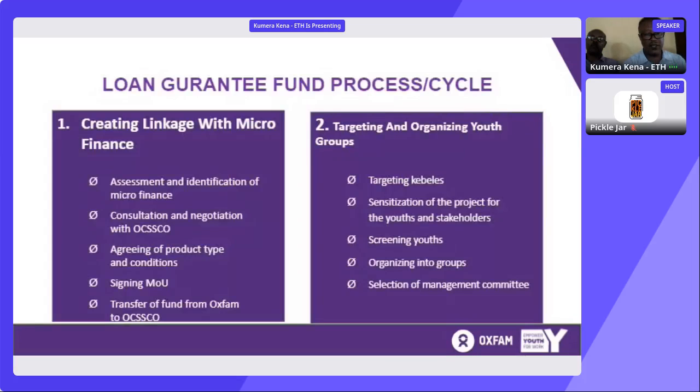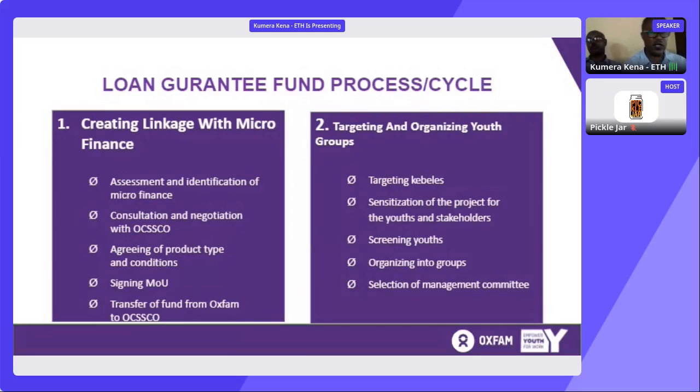The first one is creating linkage with microfinance institutions. This component has around 4 or 5 major activities to be done during the implementation of the project. The first one is assessment and identification of the microfinance institutions which are eligible to serve the rural community, and that was necessarily done.